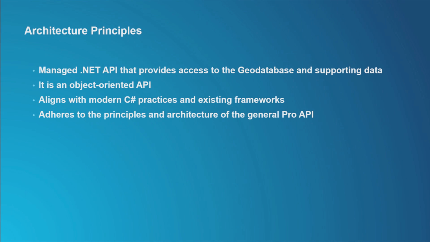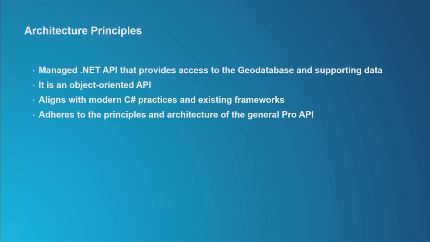Good morning. The Geodatabase Managed SDK is a fine-grained API that allows third-party developers to write C# applications that work with geodata in ArcGIS Pro. It's engineered using industry-standard best practices for developing APIs and frameworks.